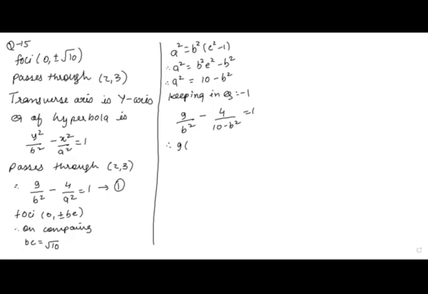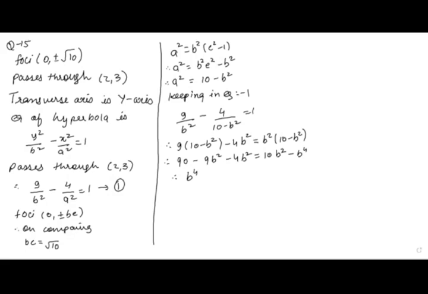Cross multiplying, 9 into 10 minus b square minus 4 into b square is equal to b square into 10 minus b square. Therefore 90 minus 9b square minus 4b square is 10b square minus b raised to 4.